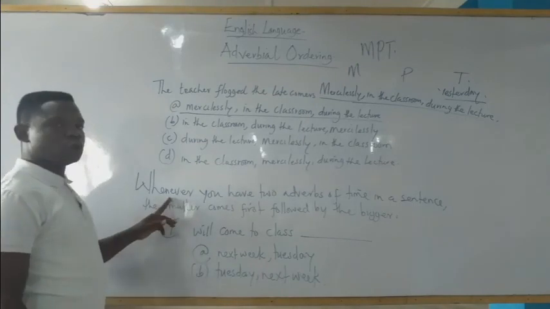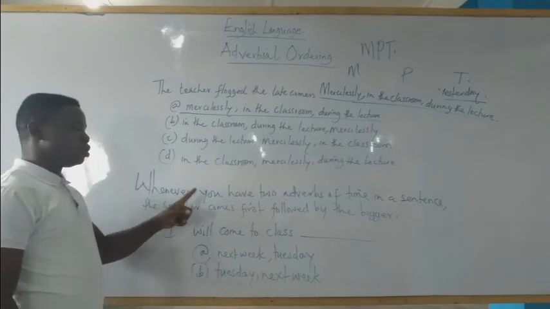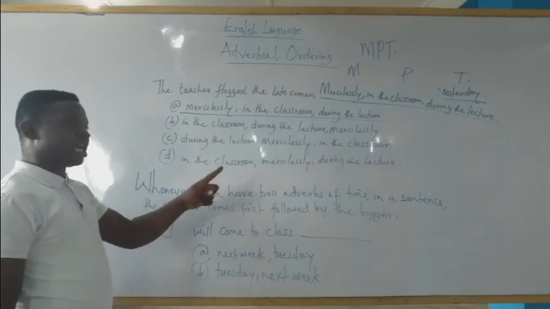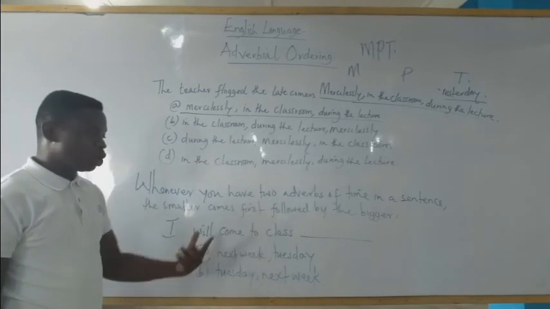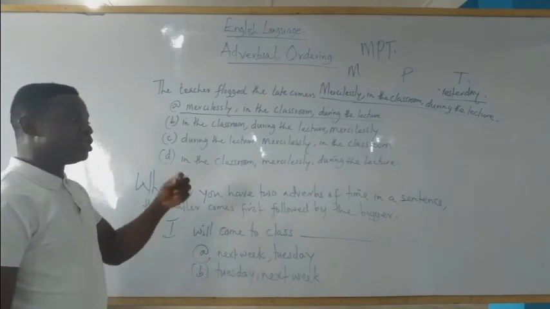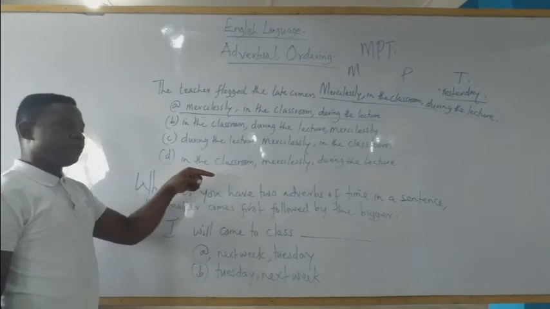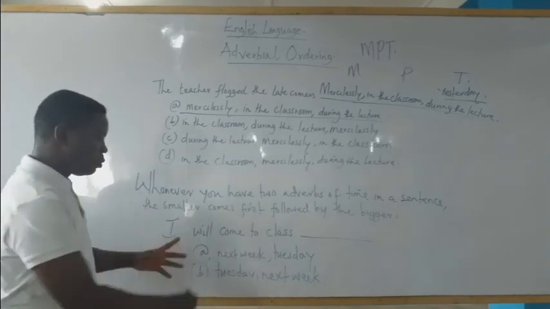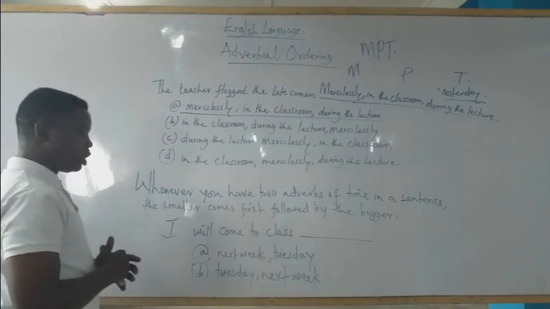Now, this note on the board explains our answer. Whenever you have two adverbs of time, the two are showing what time? Next week is showing time. Tuesday is showing time. Whenever you have two adverbs of time in a sentence, the smaller adverb will come first, followed by the bigger adverb. Now, between next week and Tuesday, which is smaller, which is bigger?